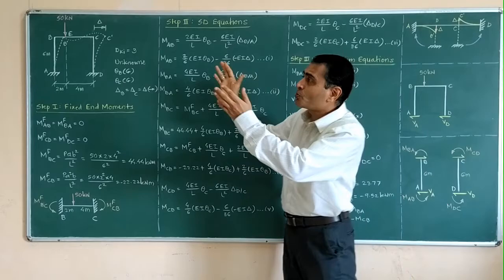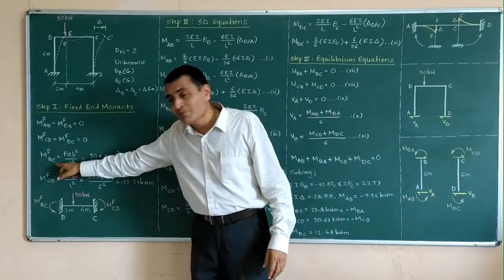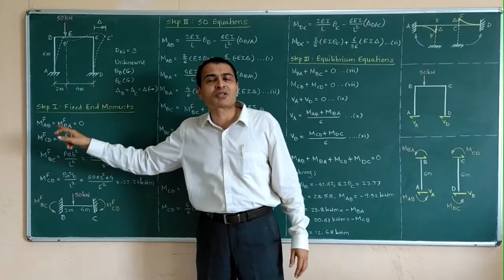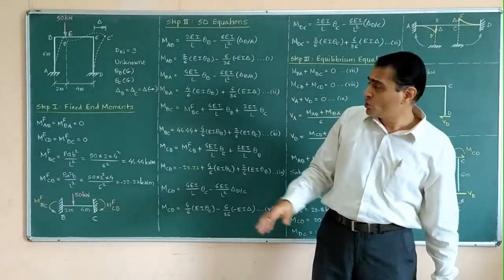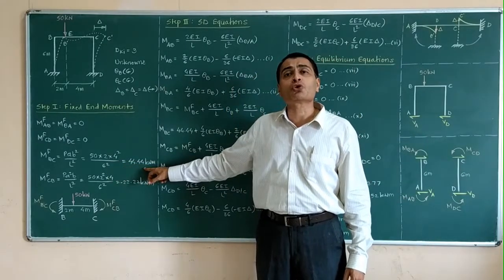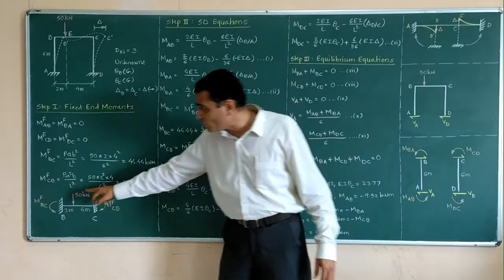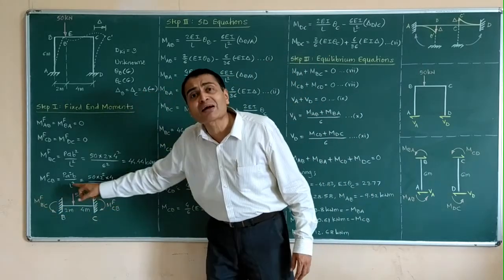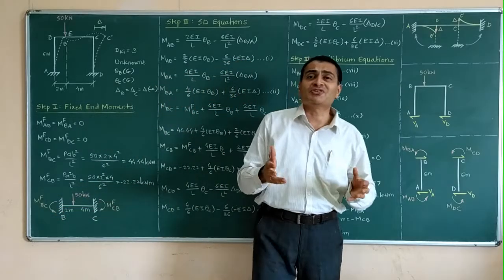You do have transverse loads on span BC, so you have MFBC. The standard expression is P a b squared upon L square. On substitution, I am getting 44.44 kilonewton meter anticlockwise, so I have written it positive, and only that one diagram I have shown here. This is that fixed end moment BC.